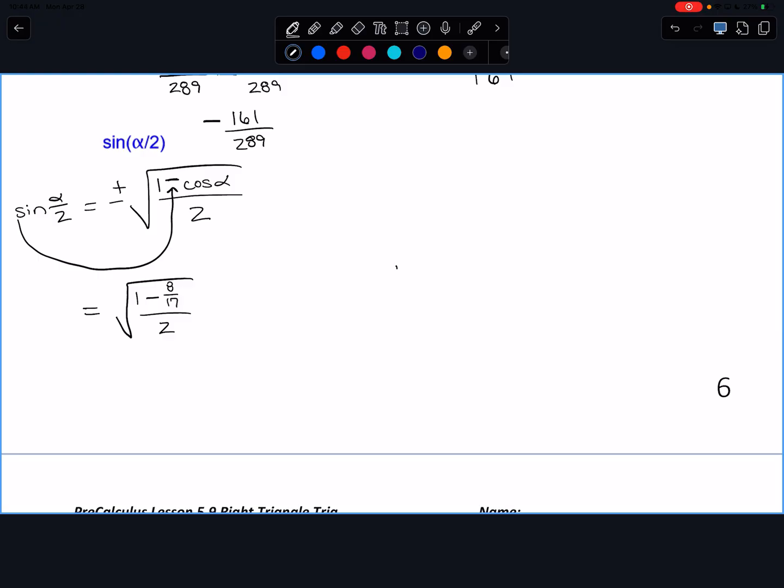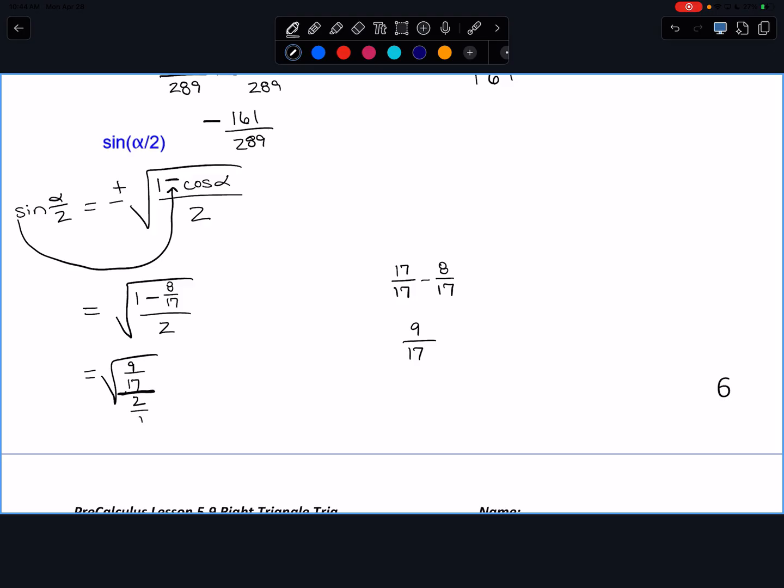I'm going to work my scratch work. That's going to be 17 over 17 minus 8 over 17, right? 17 minus 8? 9. So I get 9 over 17, right? So I now have 9 over 17 divided by 2. So I got to keep change flip.